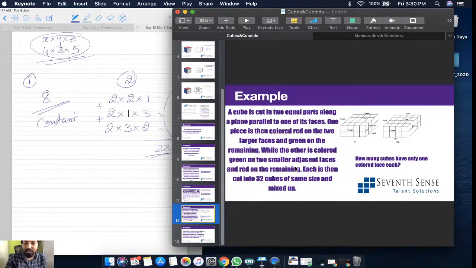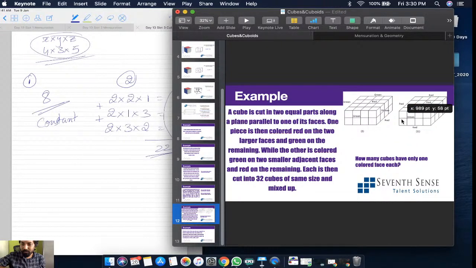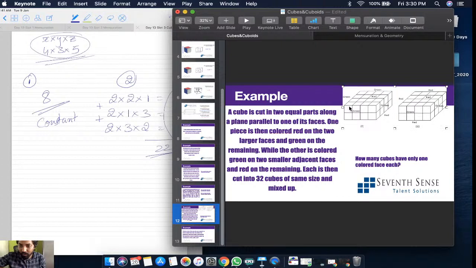After you put in the attendance, read the question and let me know. What's the answer? This is a 4 cross 4 cross 2 matrix. If you look at the diagram given, 4 on x direction, 4 on y direction, and 2 on z direction.